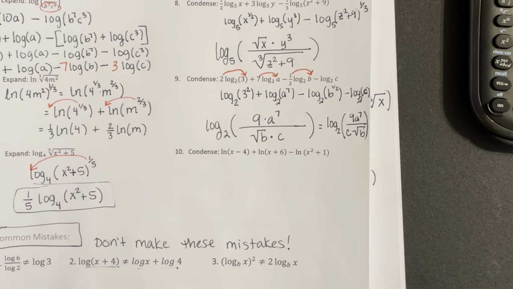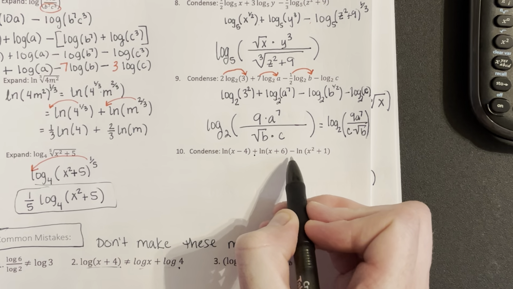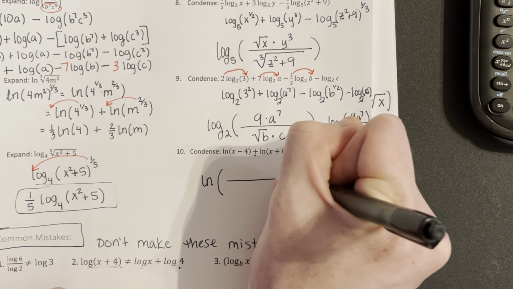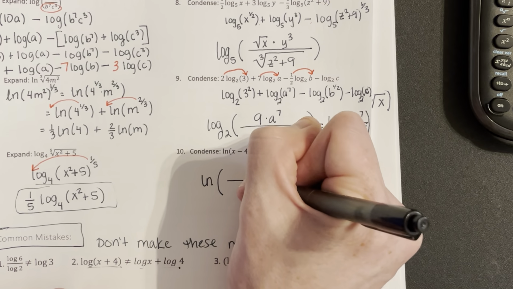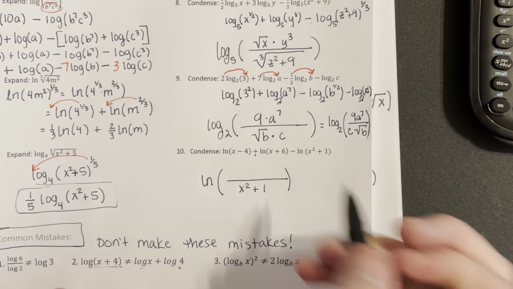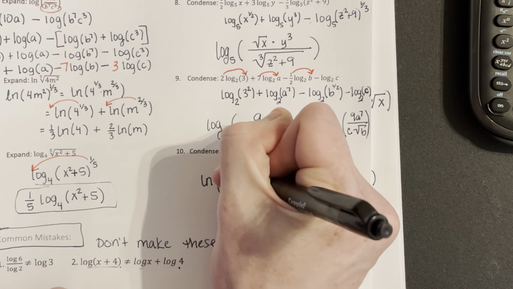All right, the very last one, we see a plus sign, so we're going to be condensing with the product property. We see minus sign, there's the division, the quotient property. The natural log of x squared plus 1 is going to go in the bottom. That's what we are subtracting. On top, we have x minus 4 times an x plus 6.